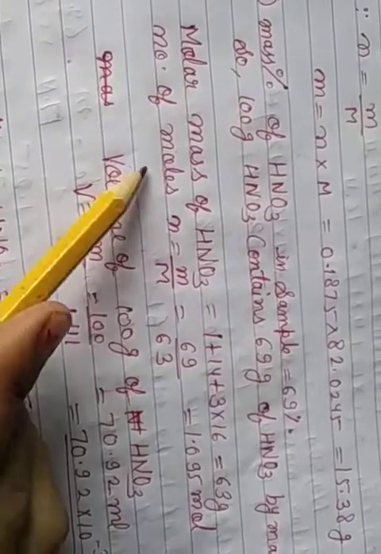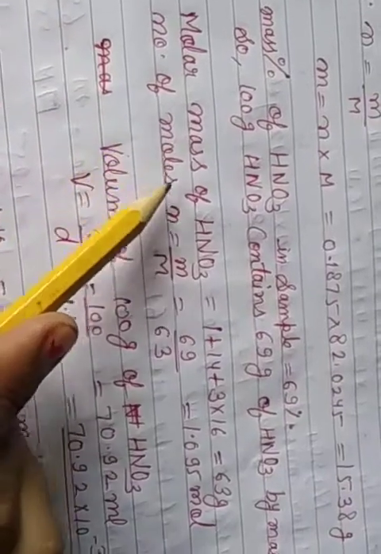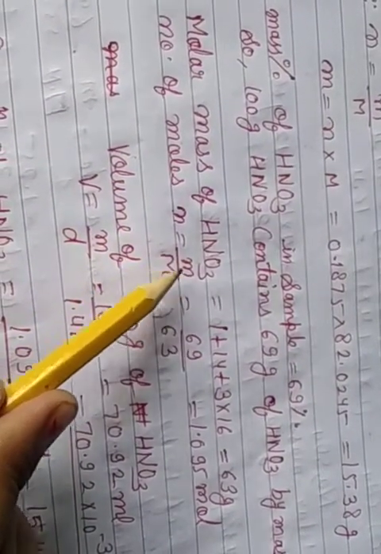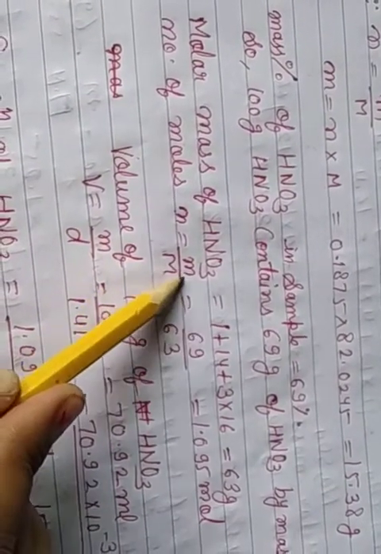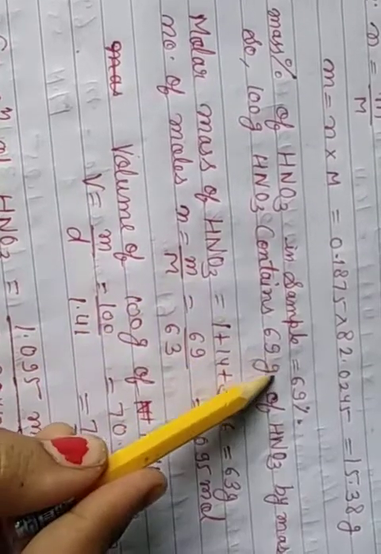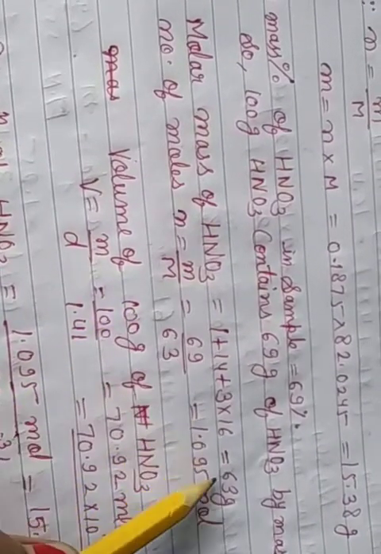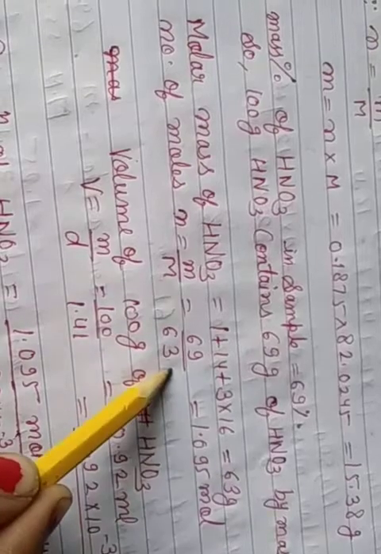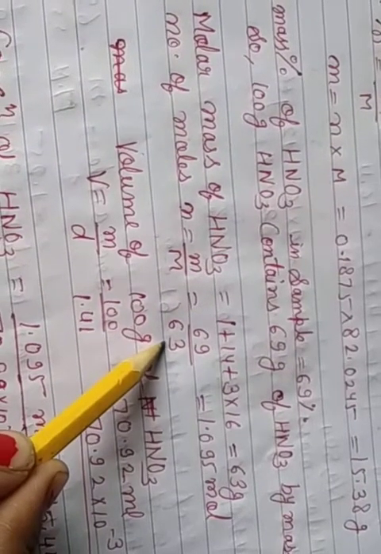The number of moles n is equal to m upon M, 69 divided by 63, so 1.095 mole.